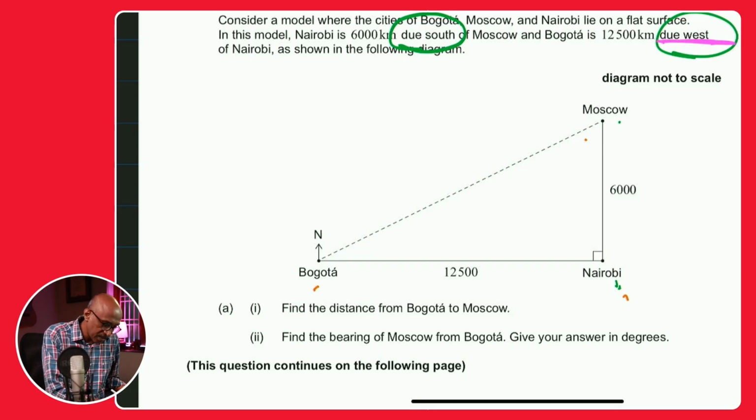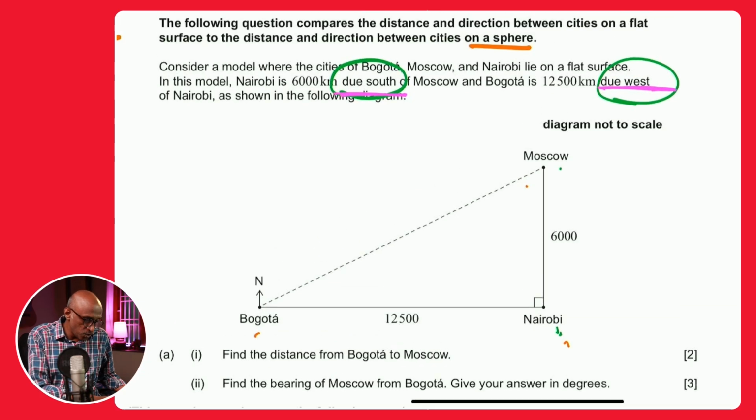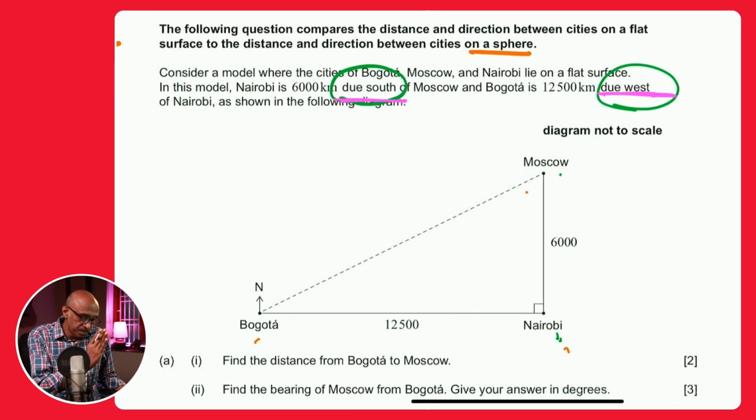In mathematics, definitely, whenever we read the word due with any of the directions, due south, due north, due east, it means exactly 90 degrees. So when you see due south, Moscow and Nairobi lie exactly on that perpendicular.